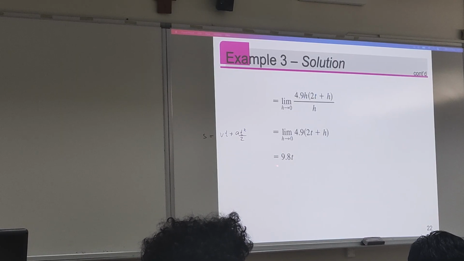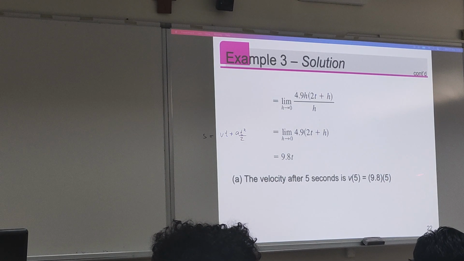So this is the value of our v of t. Now, we are given t equal to 5. So with that, our instantaneous velocity, v of 5, will be what? That is just 49 meters per second. And that's the desired value of this one. Okay?